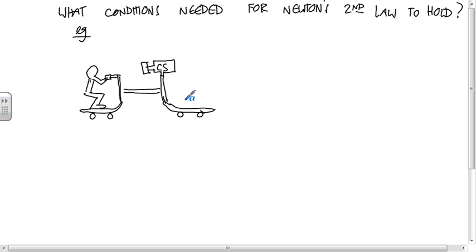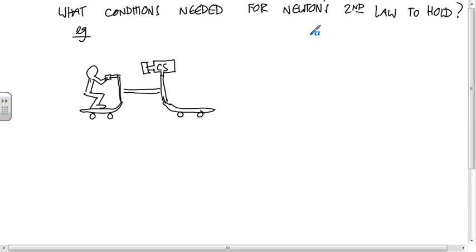So what does it mean for a coordinate system to be inertial? What are the requirements? Did that come up in Physics 1 at all? Inertial and non-inertial coordinate systems. An inertial coordinate system is one where the origin of the coordinate system is moving with a constant velocity.